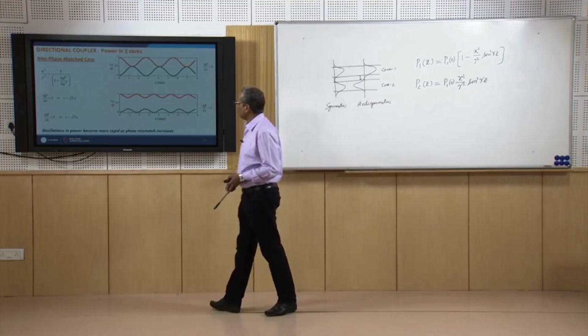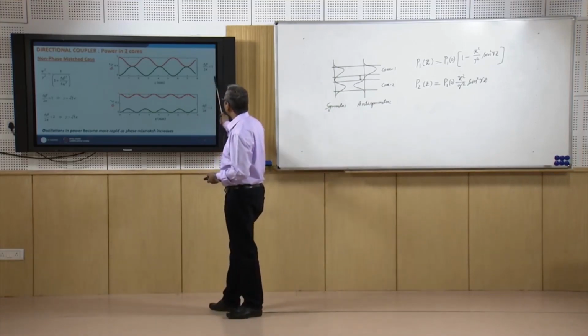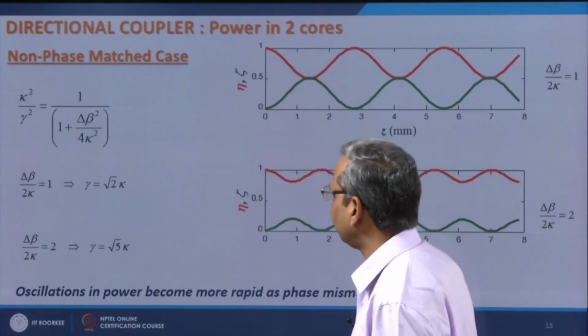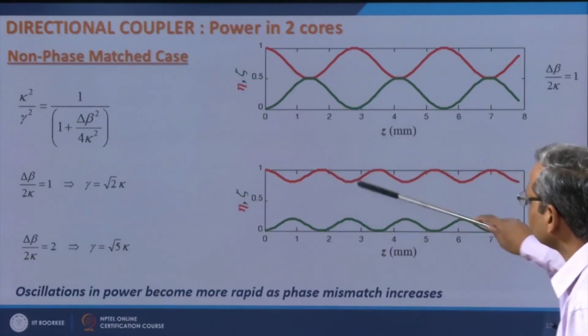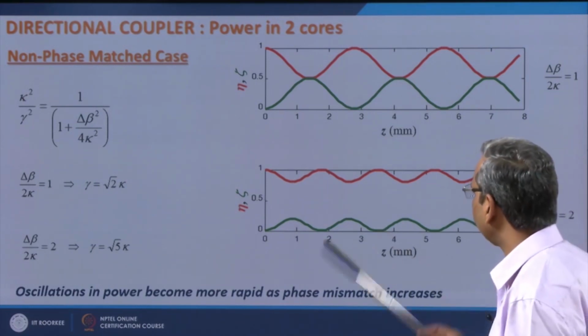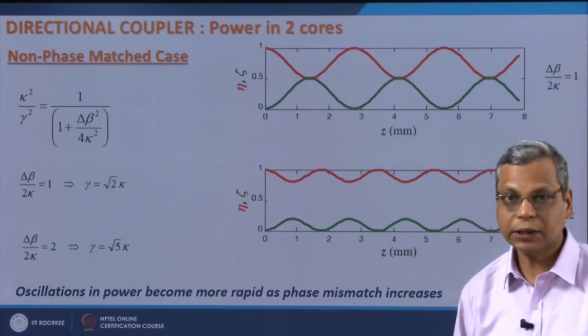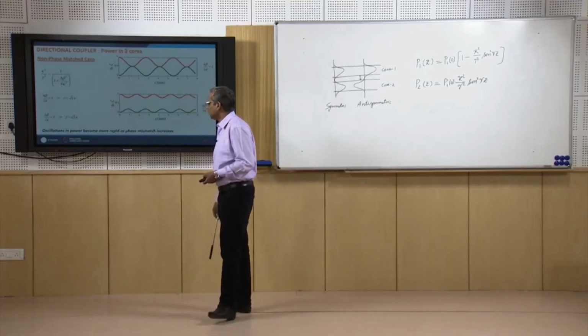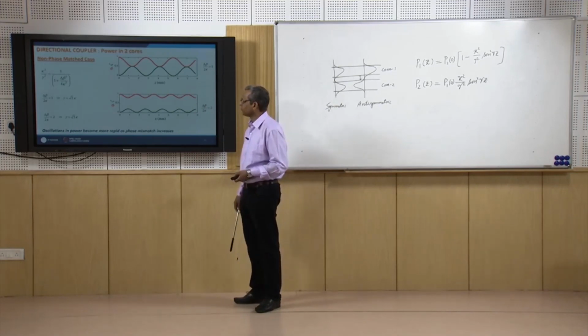If I increase delta beta over 2 kappa from 1 to 2, then gamma becomes square root of 5 kappa, and of course the frequency of oscillations increases here. So, the oscillations in power become more rapid as the phase mismatch increases. This is another thing that I see here.